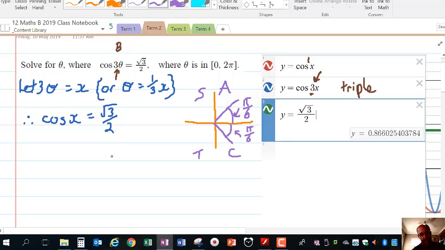So the actual angles we're looking at are pi on 6 or 2 pi minus pi on 6, which is 11 pi on 6.